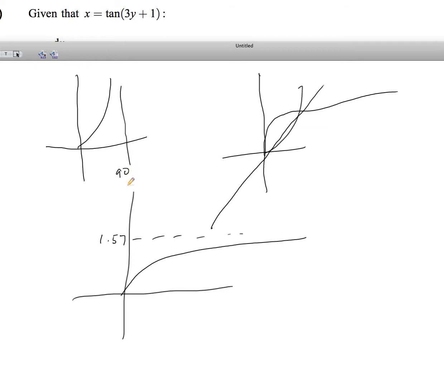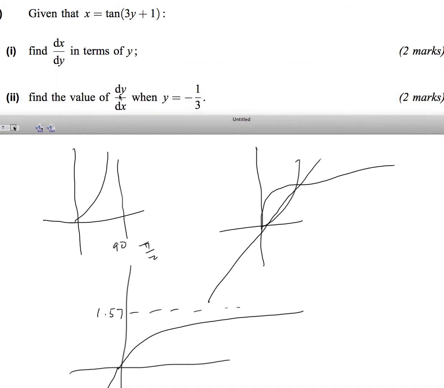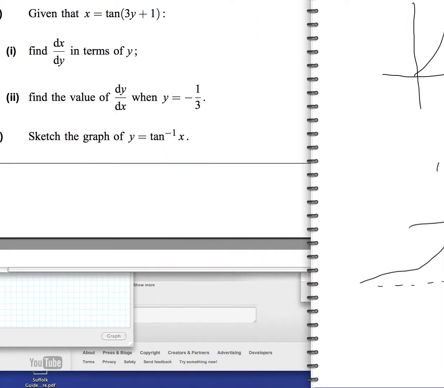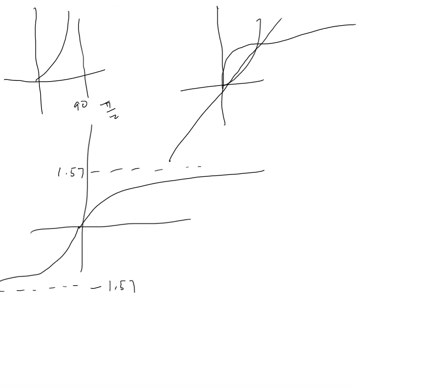We said 90 degrees, or we could have said pi over 2, which is roughly 1.57. Then it goes this way around like that, where this line here will be minus 1.57, but it's only a sketch. That was 3a. That's finished question 3, I think. There's the question. Okay, pause.